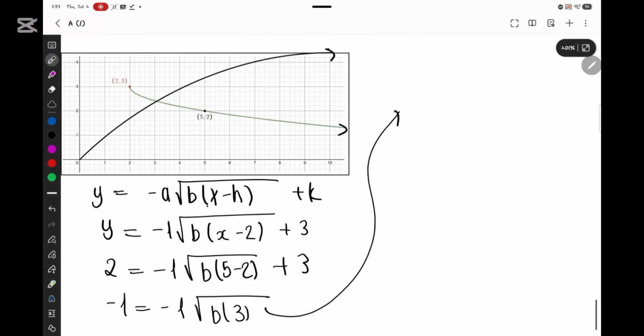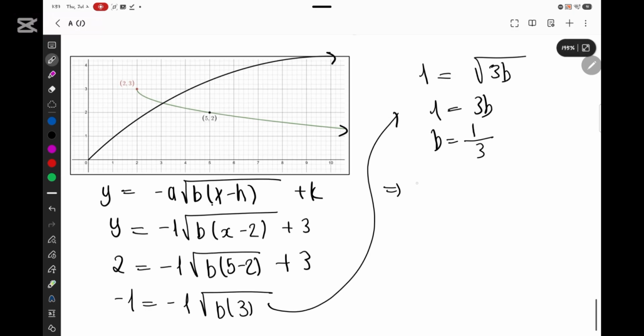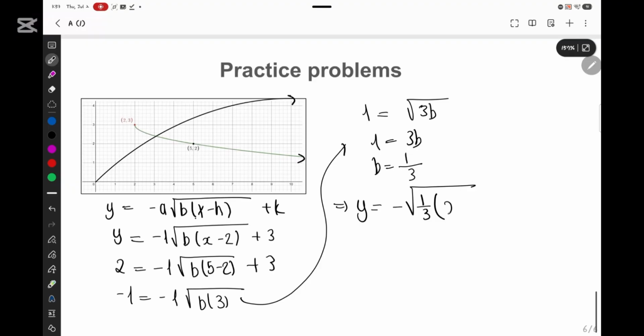Okay, so it's going to be 1 square root 3b, 1 equals 3b, and b equals 1 over 3. So finally we get y equals negative square root of 1 over 3 times (x minus 2), plus 3.